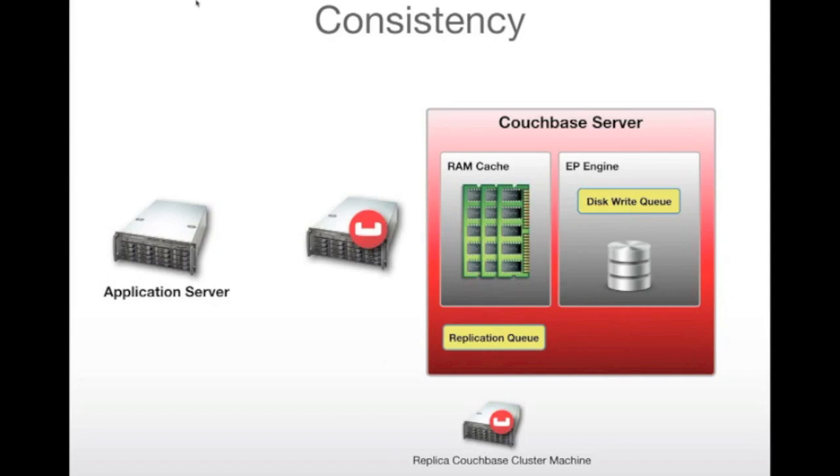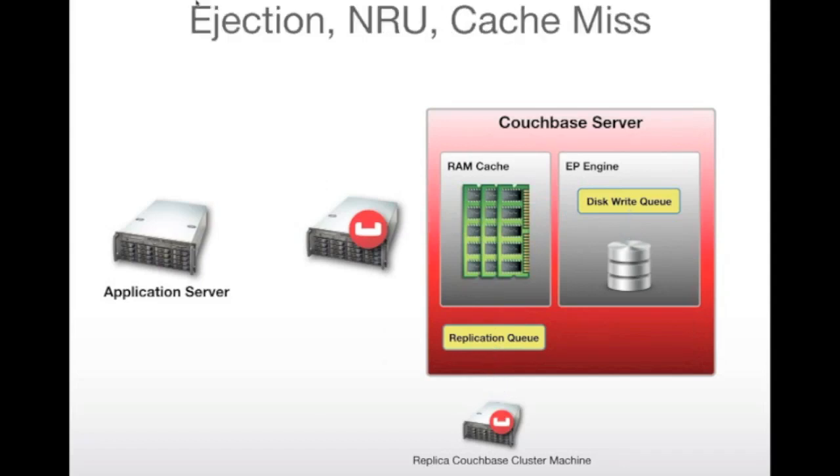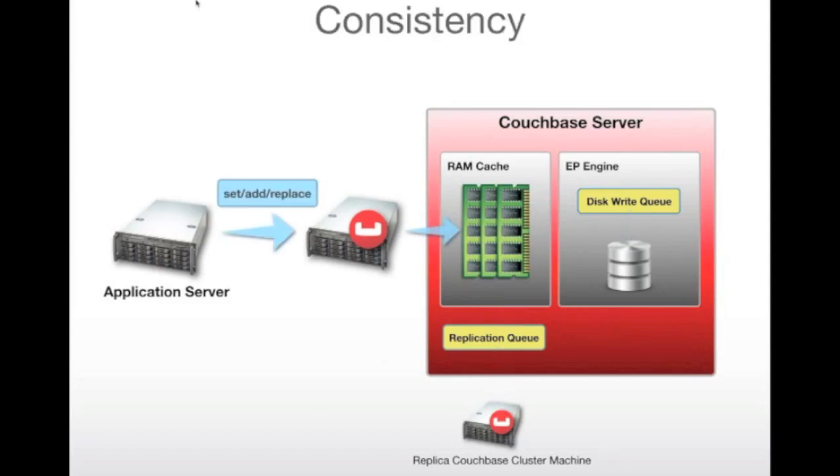So we are a consistent database, not an eventually consistent database. When you do a storage operation, even though it's been put into the disk write queue, you can immediately read your own writes. So we are a consistent database.